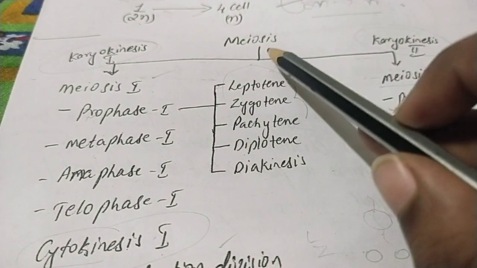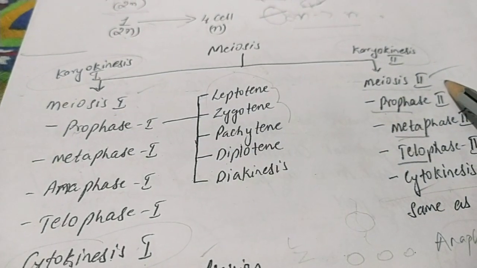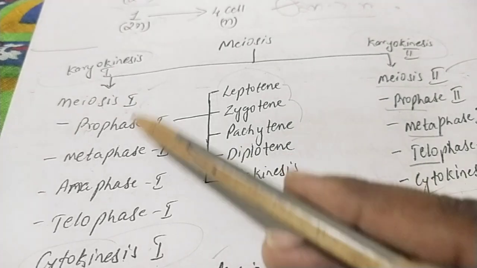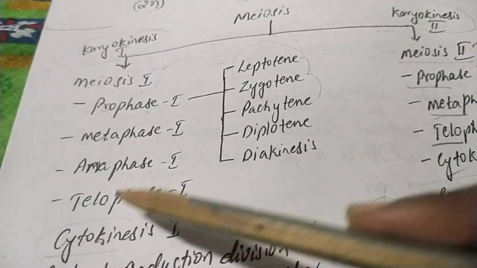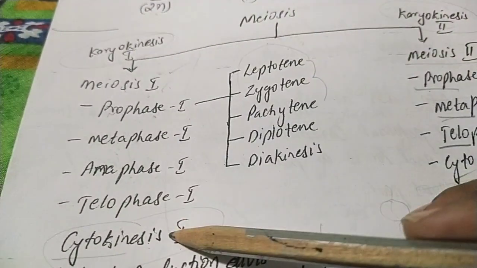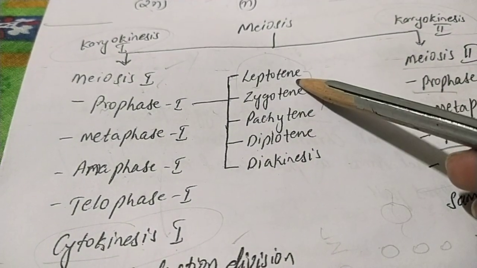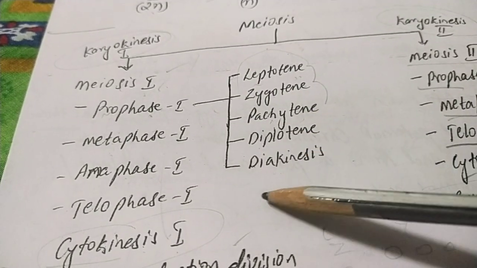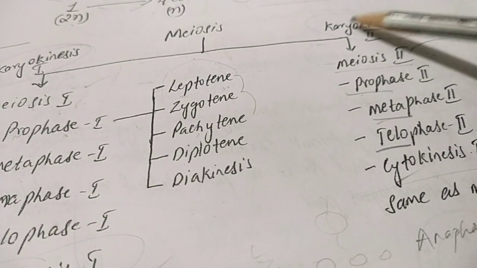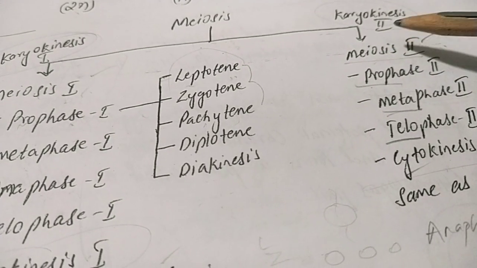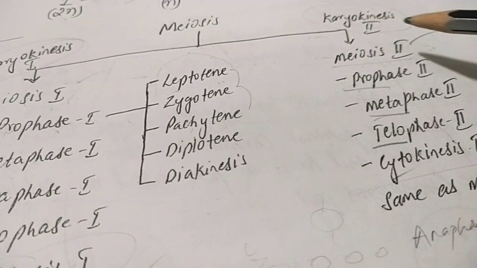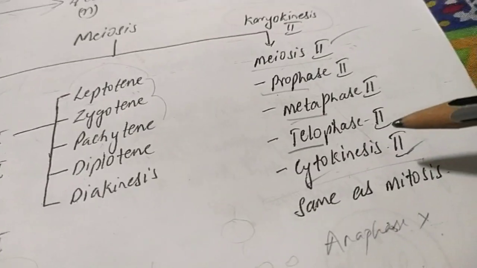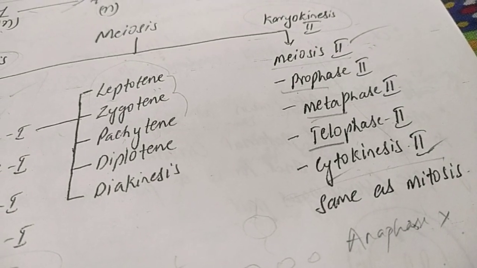Meiosis undergoes meiosis 1 and meiosis 2, that is karyogenesis 1 and karyogenesis 2. In meiosis 1, prophase 1, metaphase 1, anaphase 1, telophase 1 and cytokinesis 1 happen, and prophase 1 again undergoes 5 stages: leptotene, zygotene, pachytene, diplotene and diakinesis. In meiosis 2 the same phases occur: prophase 2, metaphase 2, anaphase 2, telophase 2 and cytokinesis 2, same as mitosis.